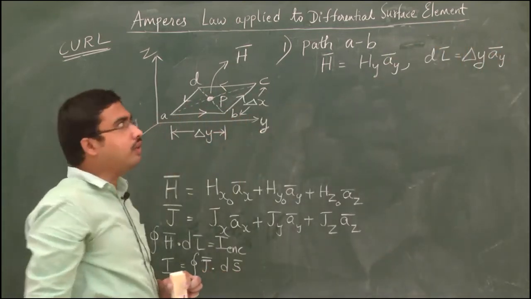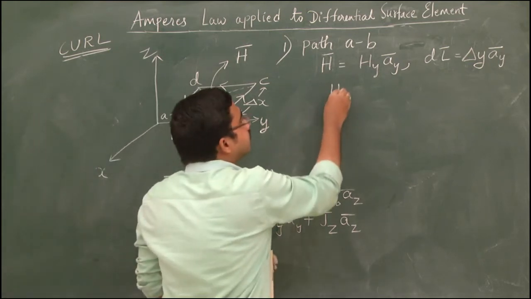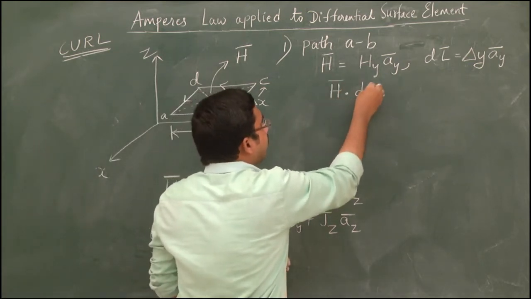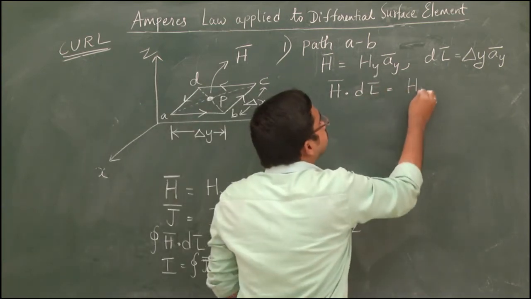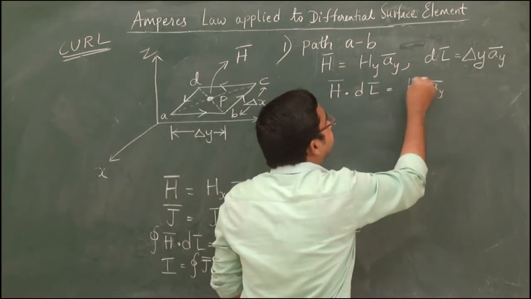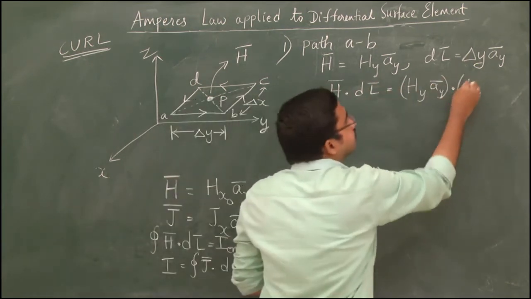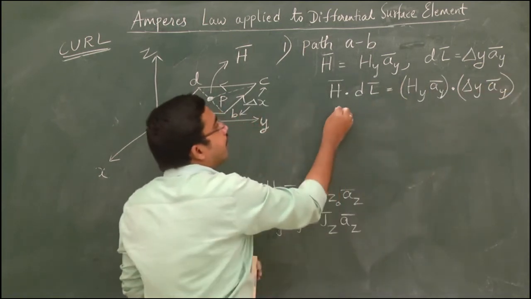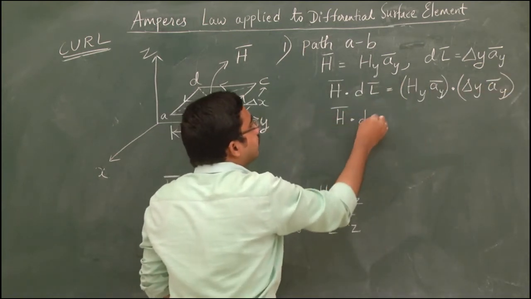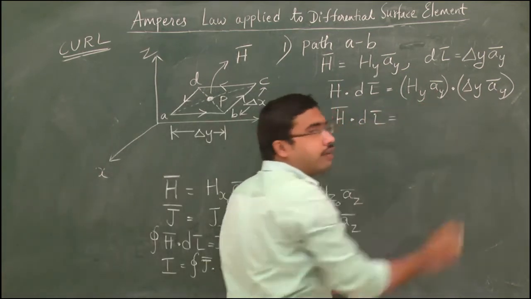Now to apply Ampere's circuital law, I need to find H bar dot dl bar. H bar equals Hy ay bar, and dl bar equals delta y ay bar. What is ay dot ay?